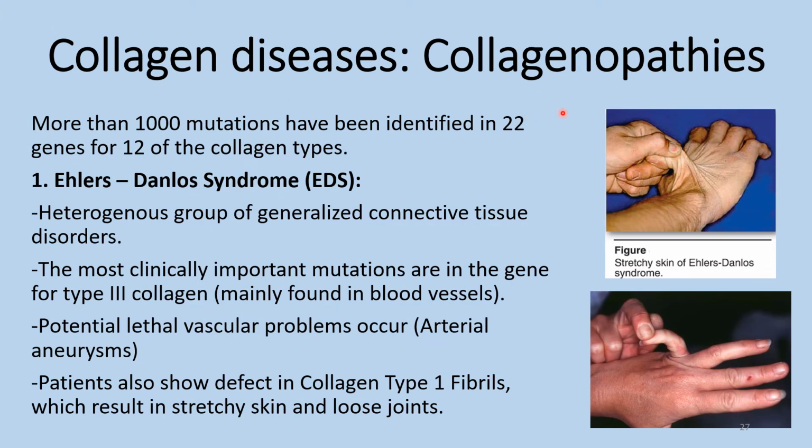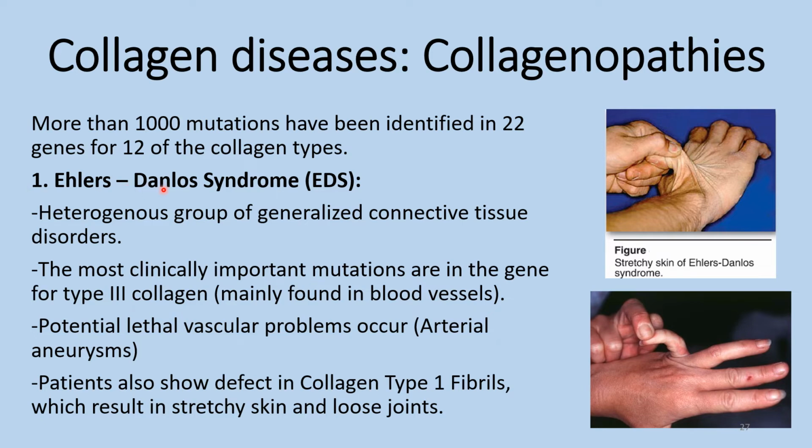Now we'll discuss the collagenopathies or clinical disorders associated with collagen. There are more than 1,000 mutations that have been identified in 22 genes for 12 of the collagen types. There are more than 25 types of collagen, but 12 are more important.